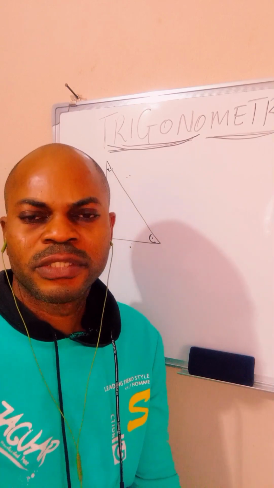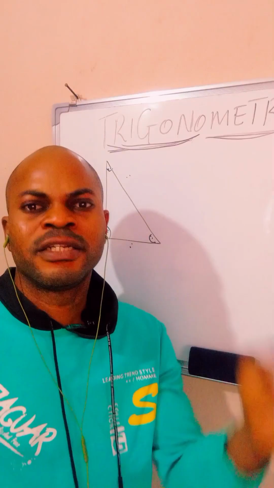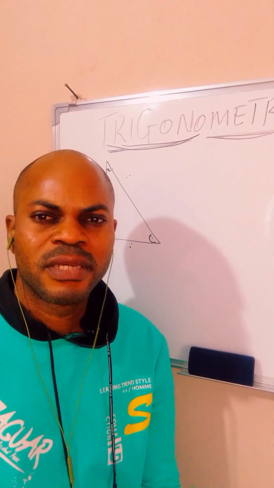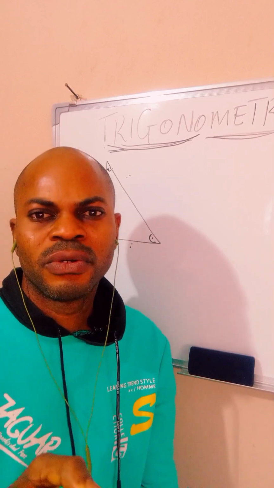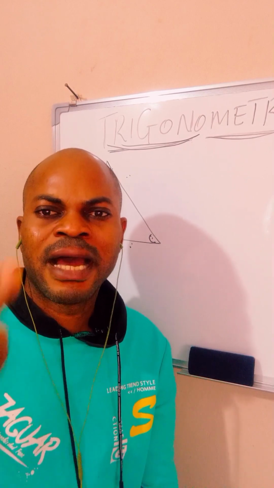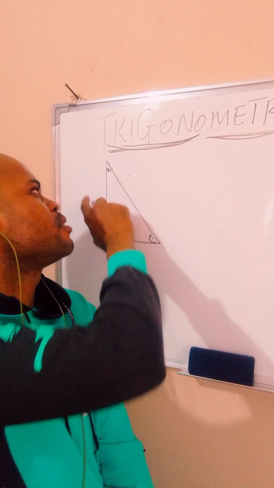So, having understood that trigonometry is all about a triangle, it calls for us to establish the fact that a triangle is simply a polygon that has three sides. As you can see, it has three sides.